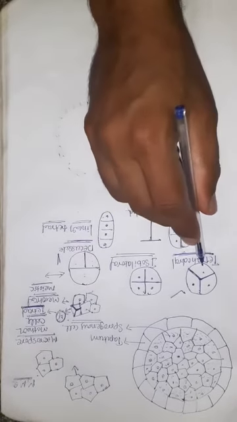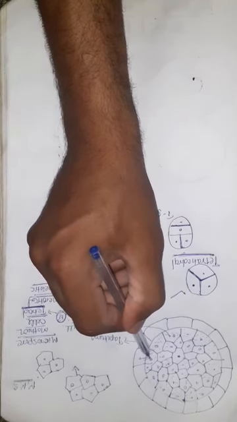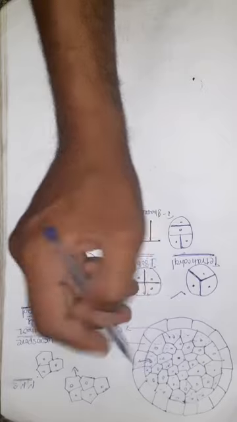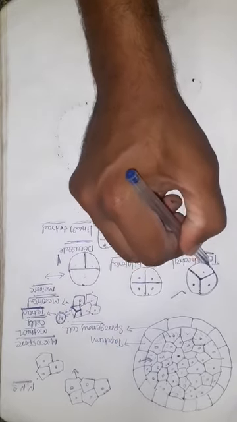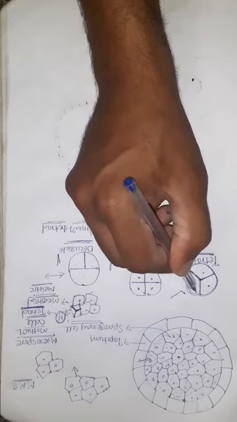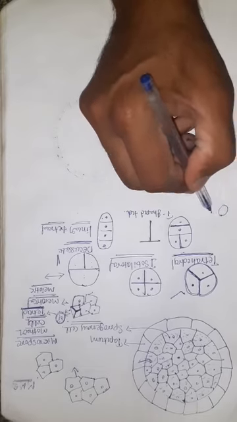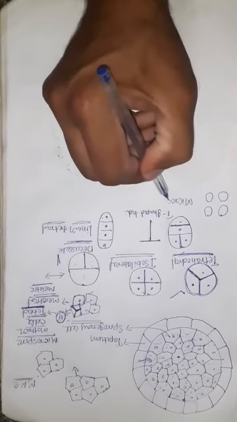After tetrad formation, due to the secretion of some enzymes from the tapetal and middle layers, these cells will be divided into individuals. After division, each tetrad will give 4 microspores.